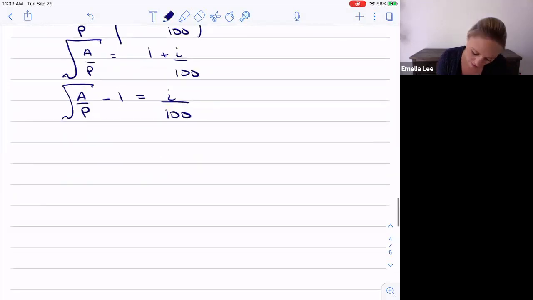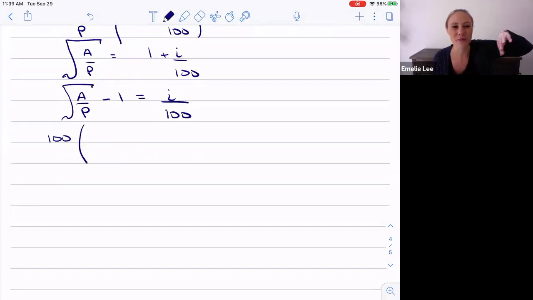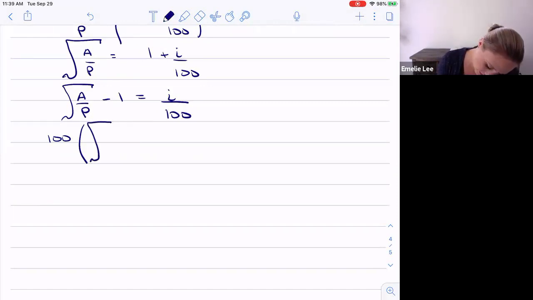Okay. So what I have is 100. If I'm multiplying, I like to put it on the far left so I can see it, times the square root of A over P minus 1.